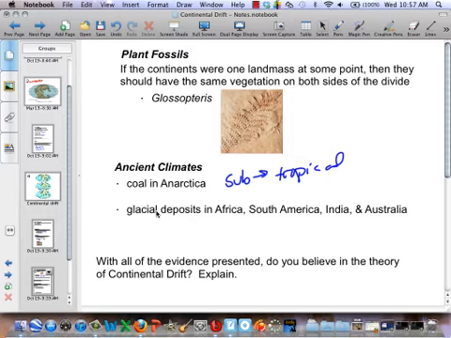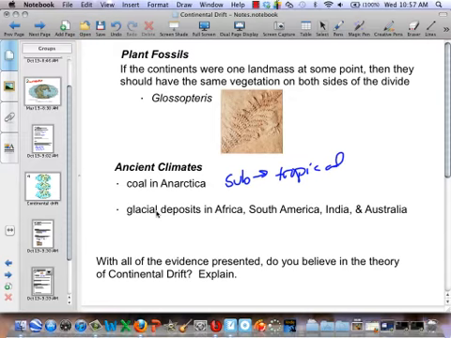Because when we think about the Ice Age, we normally think of the Northern Hemisphere, and we're like, okay, yeah, we got ice coming down from the North Pole. But at the same time, while we have ice coming out from the North Pole, you also have ice coming up from the south. So it kind of makes sense that southern Africa and southern South America have glacial deposits. And even Australia is pretty close to the South Pole.